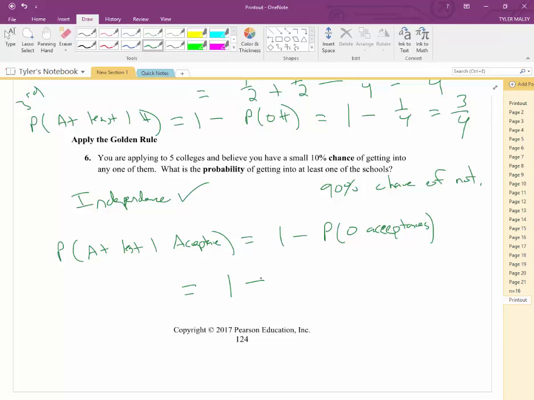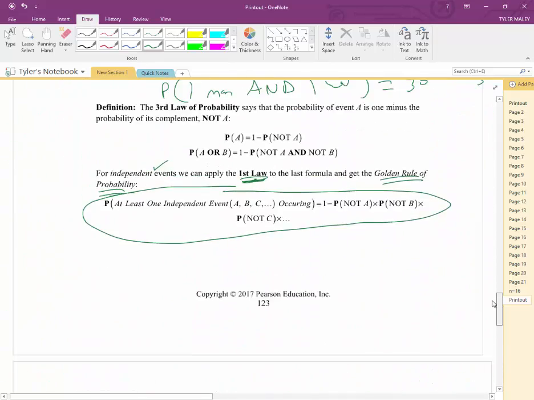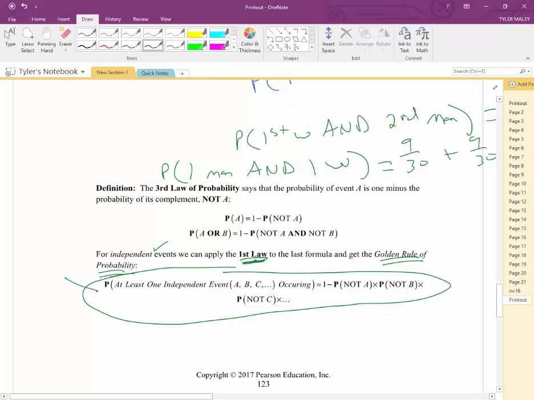So this would be equal to 1 minus the probability of not getting into school 1, which would be 0.9, times the probability of not getting into school 2, and then school 3, school 4, and school 5. All I'm doing is applying this formula, so you might want to have that on hand. I'm plugging those things in.